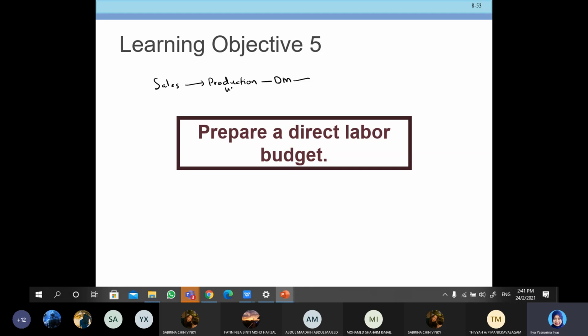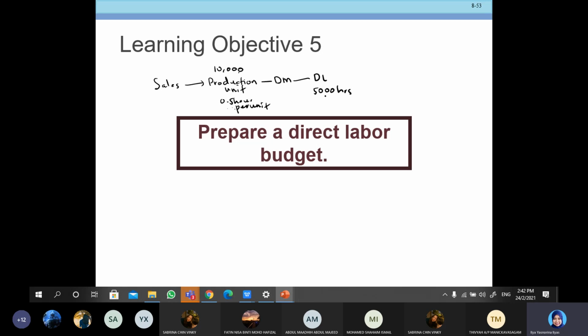Let's say for this production unit, we need 0.5 hour per unit. So we need to produce 10,000. So 10,000 times 0.5, how much do we need to pay our direct labor? So 5,000 hours. Who will make our product if we do not pay our labor?